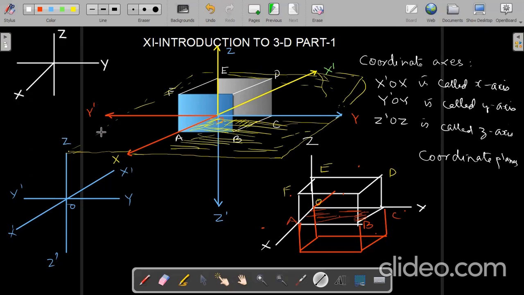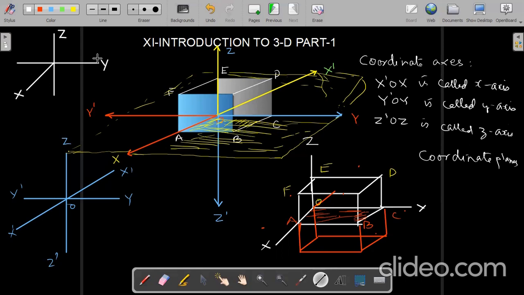Otherwise, you will get confused, because we have to see the octants, the signs of the coordinates of points in space. Understood? So do not take it like that, otherwise you will get confused in the octants. Okay, got it? Afifa, got it? So now coordinate planes. There are 3 coordinate planes.